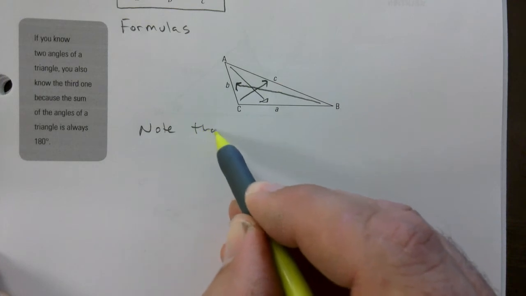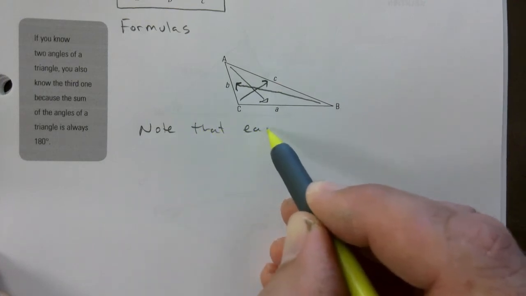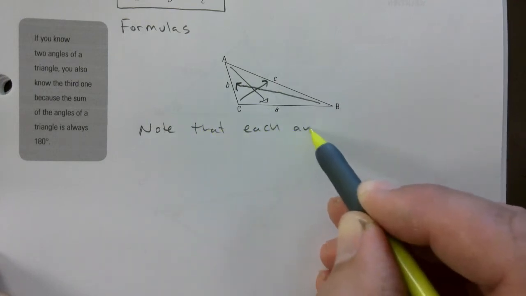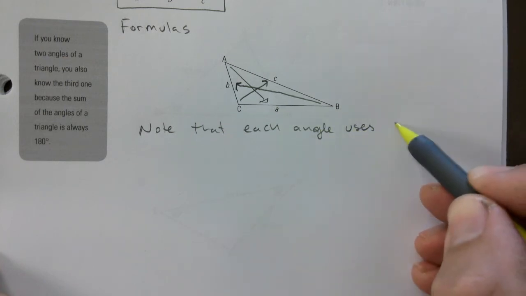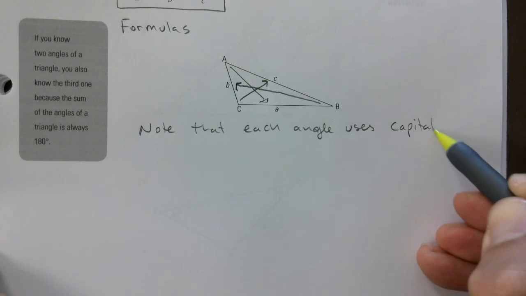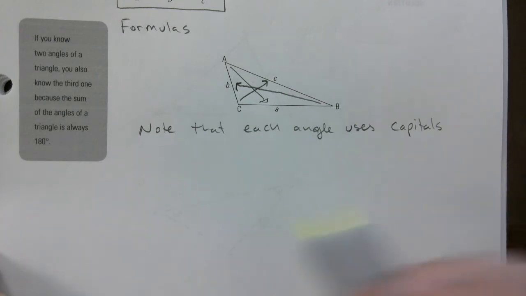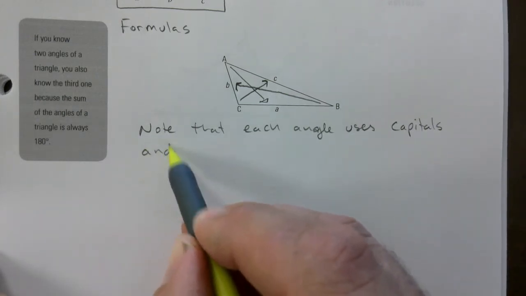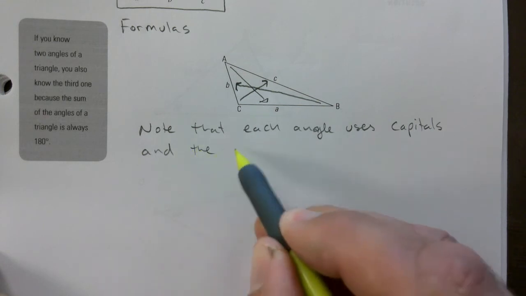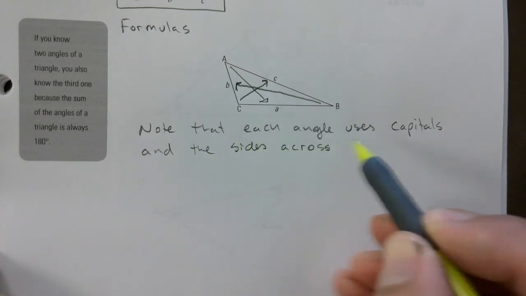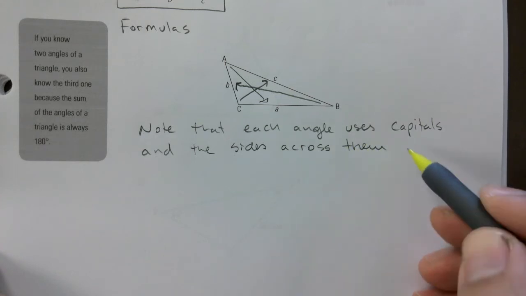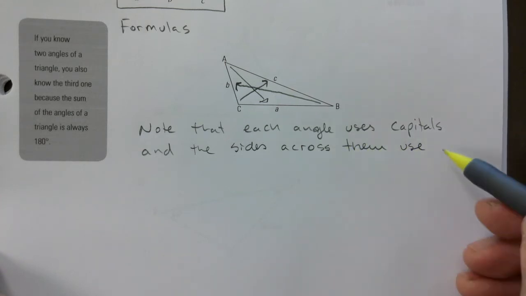Note that each angle uses capitals, right? And the sides across them use lowercase, right?